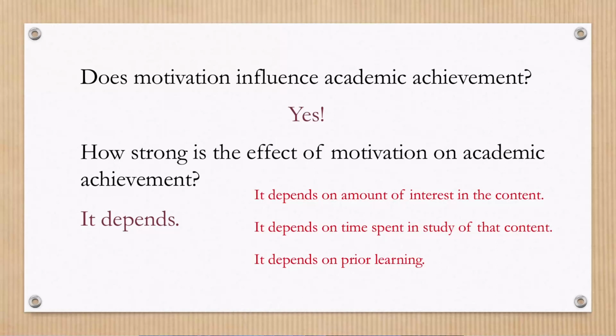In the second example, we're saying that motivation, again our primary variable, is interacting with another explanatory variable, time spent in study. And these are interacting in terms of the influence on the response variable, which is academic achievement.